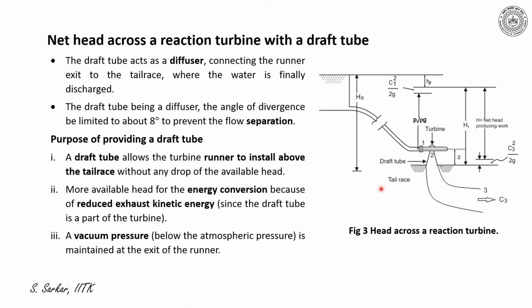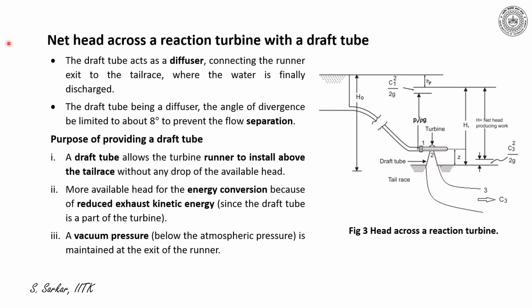Here I have presented a figure which is the schematic of a reaction turbine, and the turbine here is connected by the penstock which leads water to the turbine, and then water is being discharged by a draft tube.